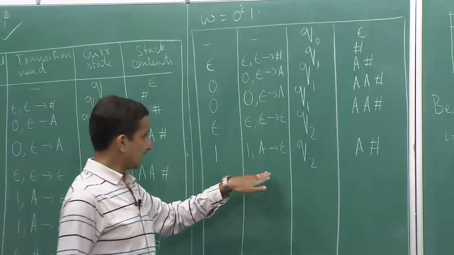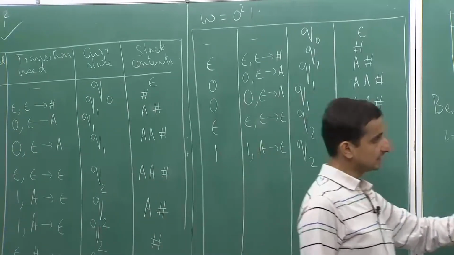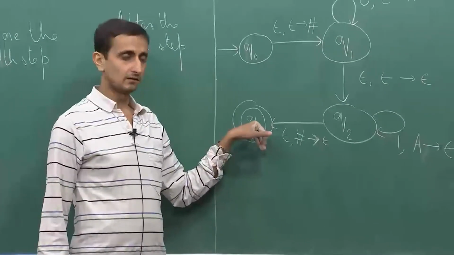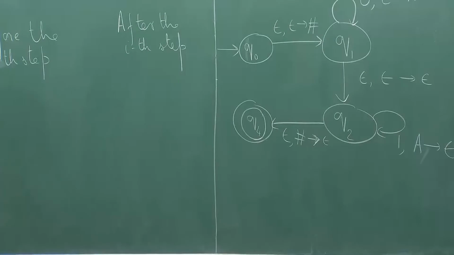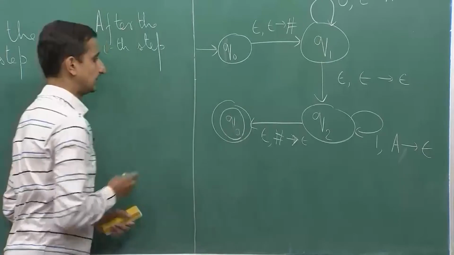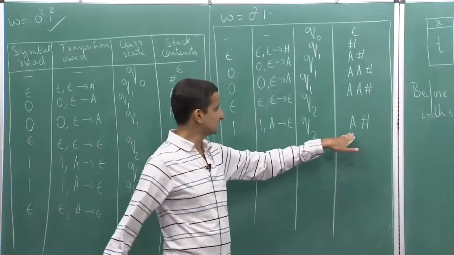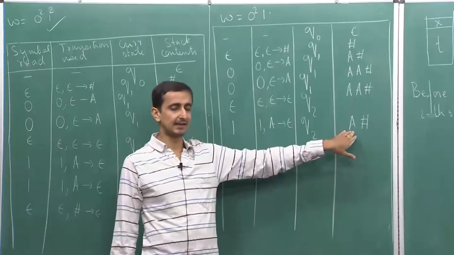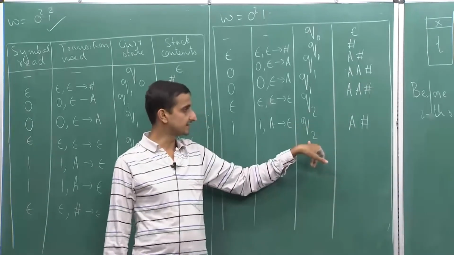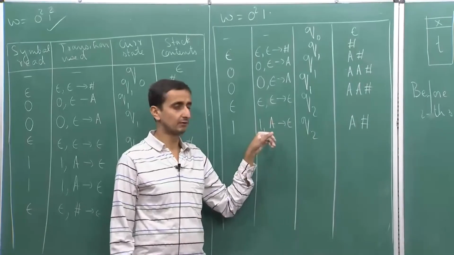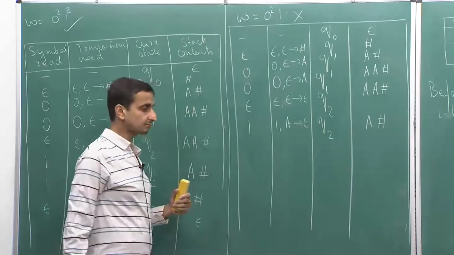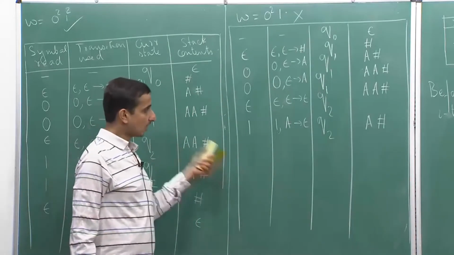So, I cannot use the transition to go to Q3, because now the top of the stack contains A, so I cannot use that transition. So, I am stuck at the state Q2 and I cannot accept. Okay. Because of this, this string does not get accepted. And it is non-deterministic, okay.